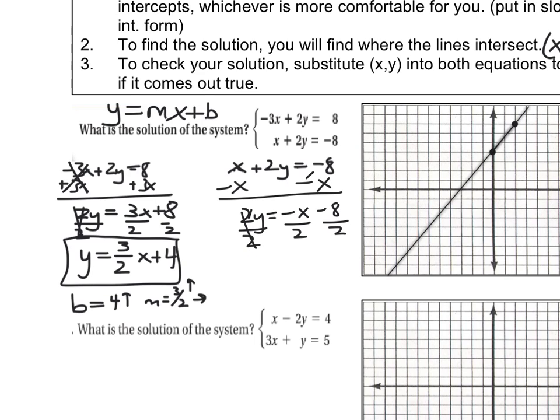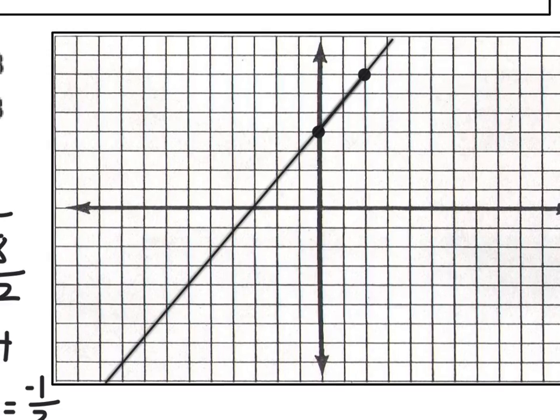The 2's cancel out, just like the x's did before, and y equals negative 1 half x, and negative 8 divided by 2 is negative 4. So my y-intercept is negative 4 and my slope is negative 1 half. That tells me I'm going to go down 4, and then down 1, right 2.